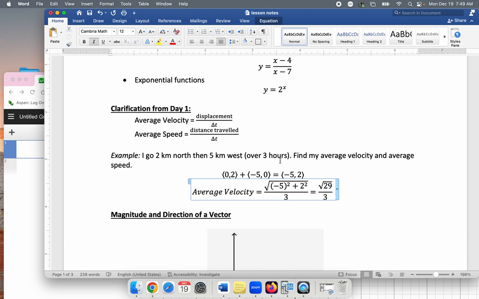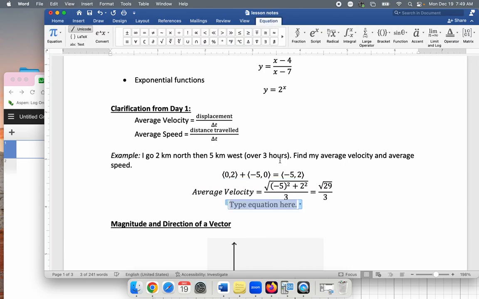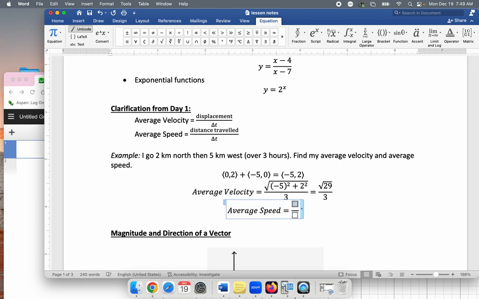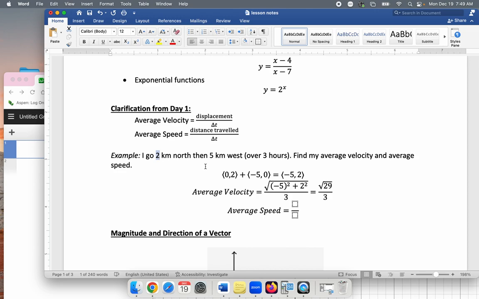So that's average velocity. Average speed is a very similar idea, except rather than having the displacement, and displacement is really just about final position and initial position, the distance traveled is really asking, how many steps did you take? I went 2 kilometers north, and then I went 5 kilometers west.